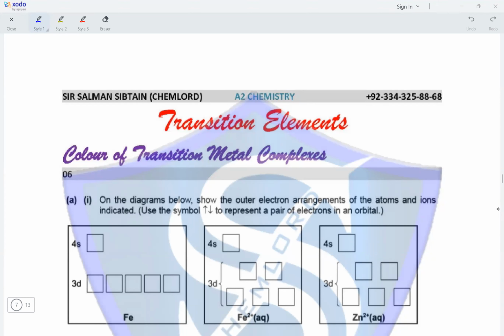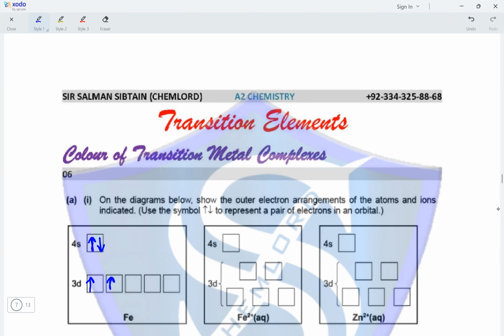Question 6. On the diagrams below, show the outer electron arrangement of the atoms and ions indicated. Use the symbol up arrow and down arrow to represent a pair of electrons in an orbital. So iron has an atomic number of 26. So 4s will have 2 electrons present in it, and 3d will have 6 electrons present.